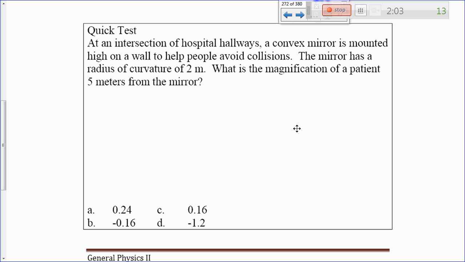Don't forget here that the focal length of a convex mirror is always negative. It's always less than 0. So if you find your focal length, it doesn't say explicitly that it's negative, but it is because it's a convex mirror. You can remember that because you're on this side of the mirror, and the focal point is back behind the mirror, in that virtual space that we talk about.